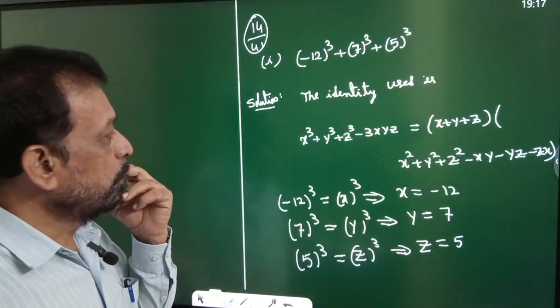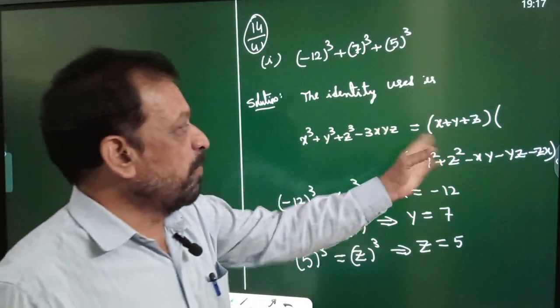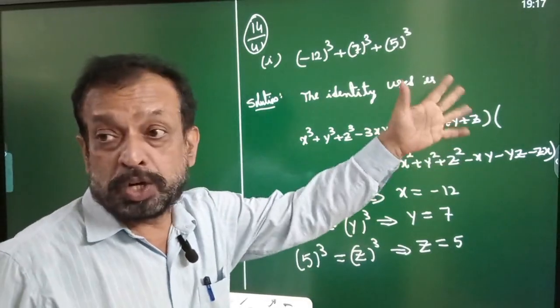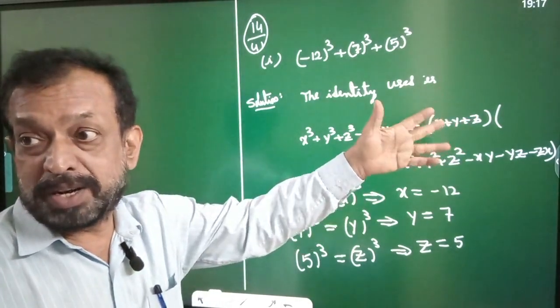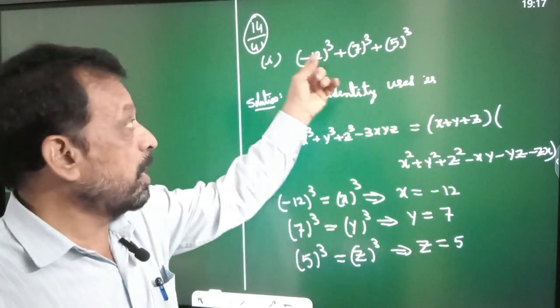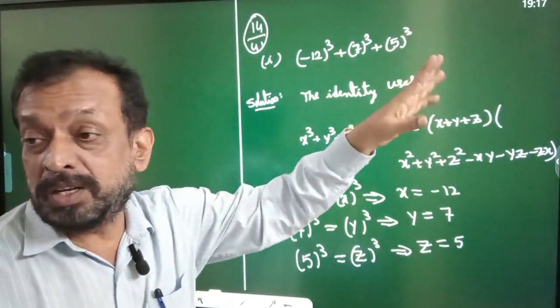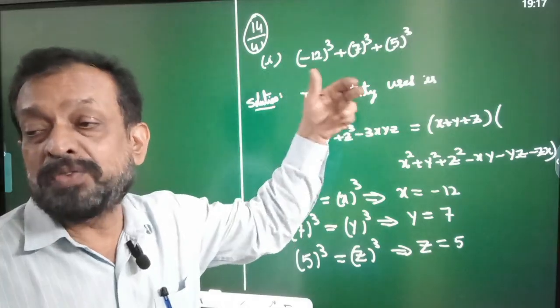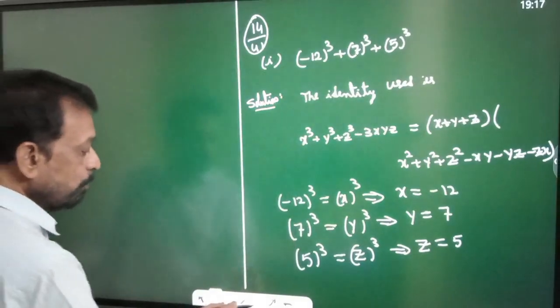Understood. First simplify, take that to the right side. You cannot say x plus y plus z is equal to 0. Why? Because they have not given any condition. They are asking you to find this value without cubing itself, so you have to use the formula.